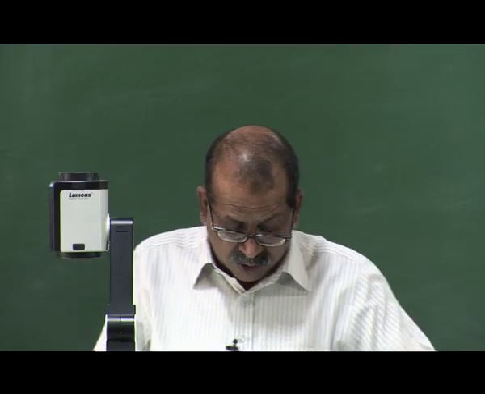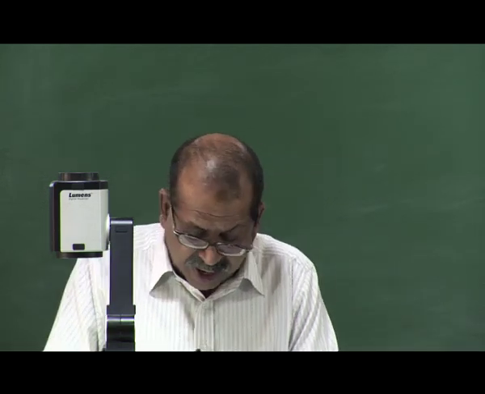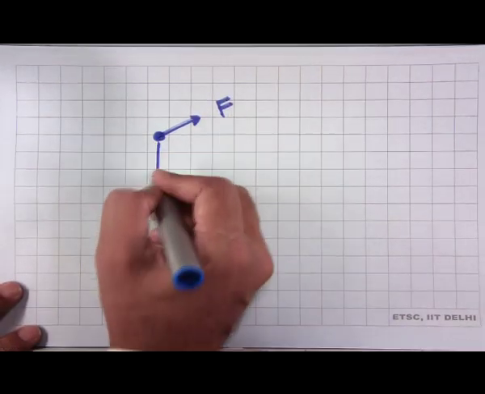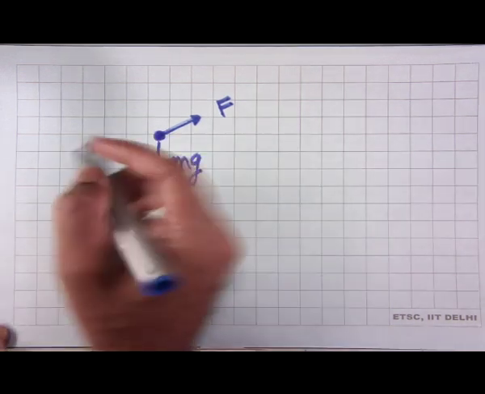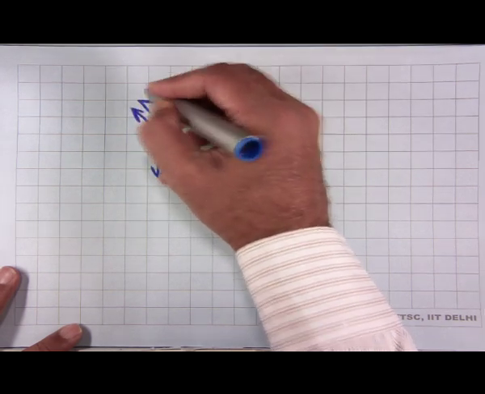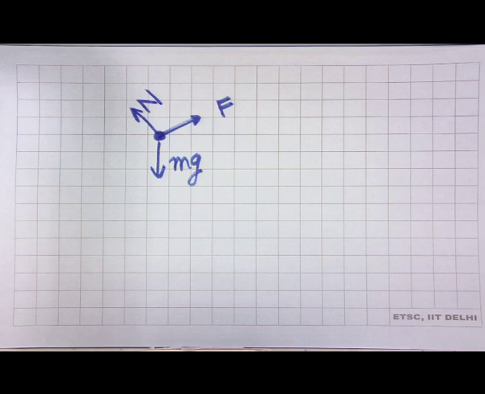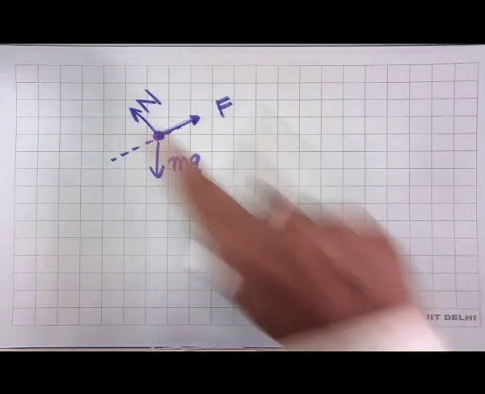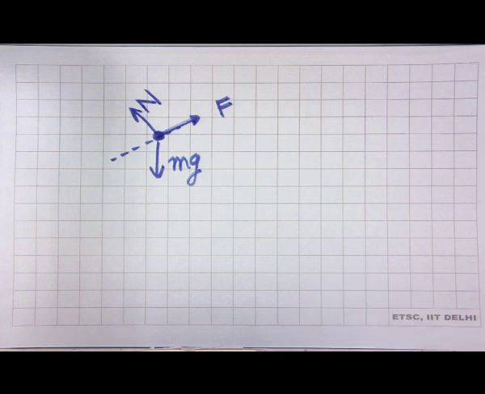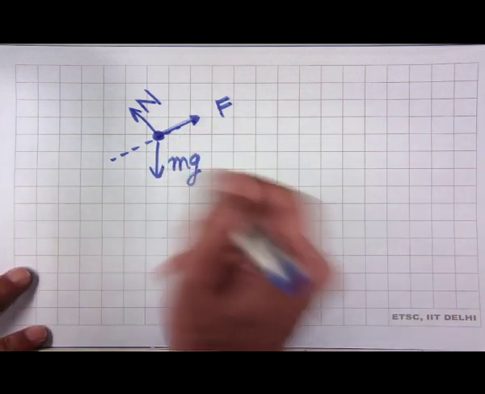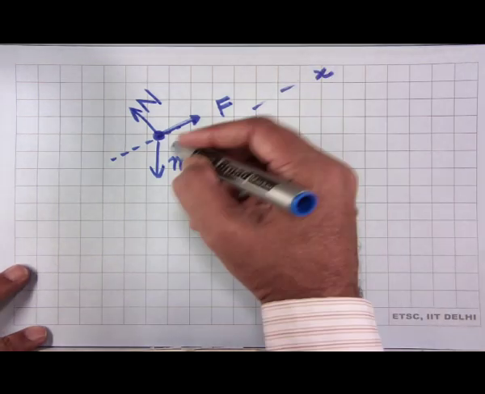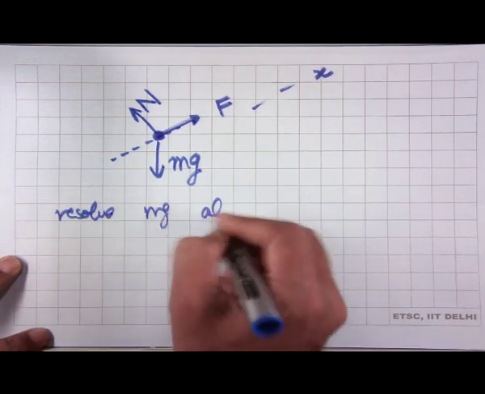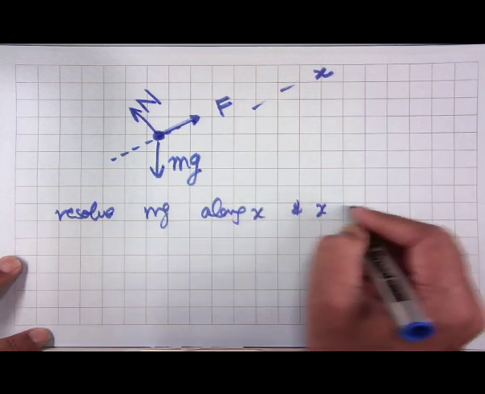Now, we draw the free body diagram of the block. We have the cable force F exerted here, we have the weight mg, and we have the normal reaction, the force exerted by the ground on the block. We can choose this as the x direction, so we can resolve mg along x and y.